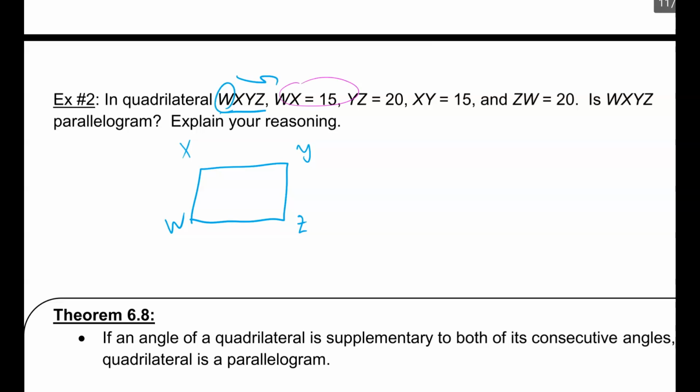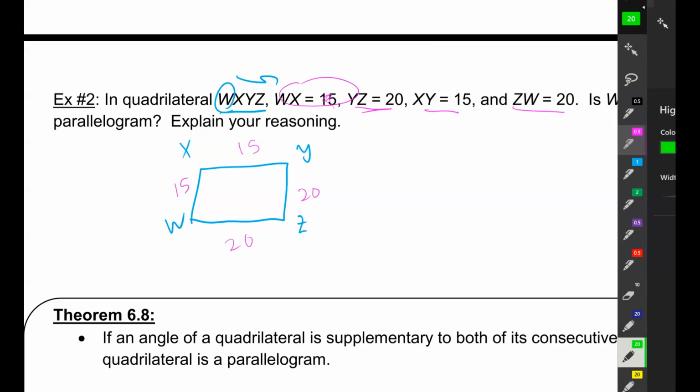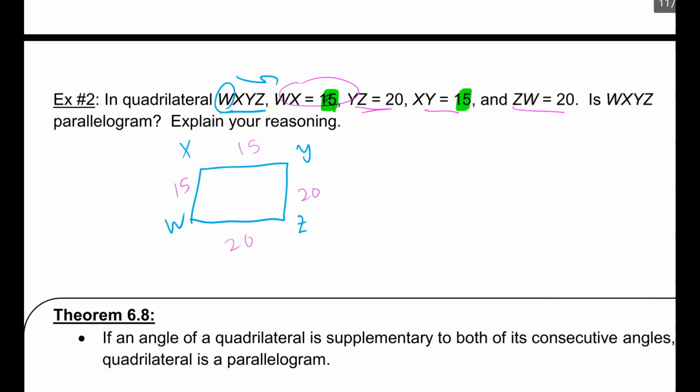All right, WX is 15, YZ is 20, XY is 15, and ZW is 20. It was important to draw this out because, check it, we have 15, 15, so that could be a pair of opposite sides, 20, 20, that could be a pair of opposite sides, but we know this is not a parallelogram.